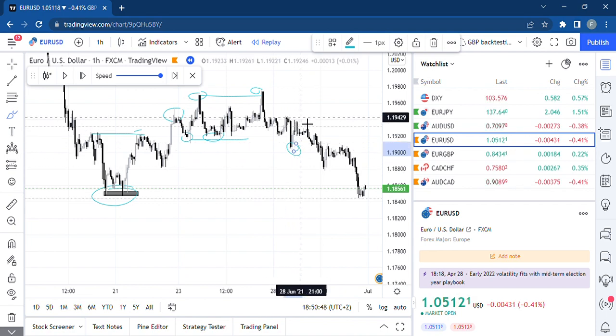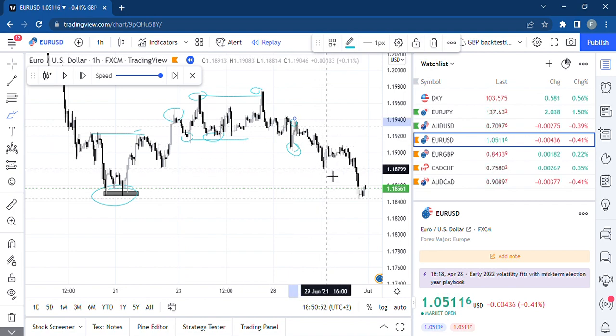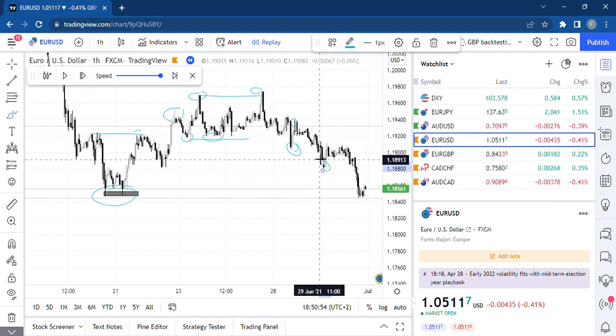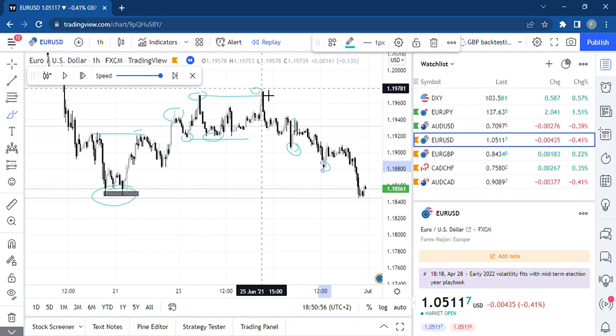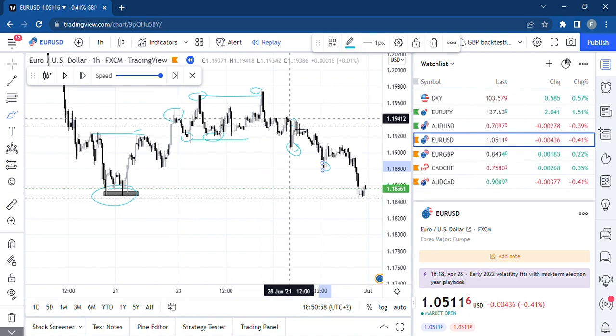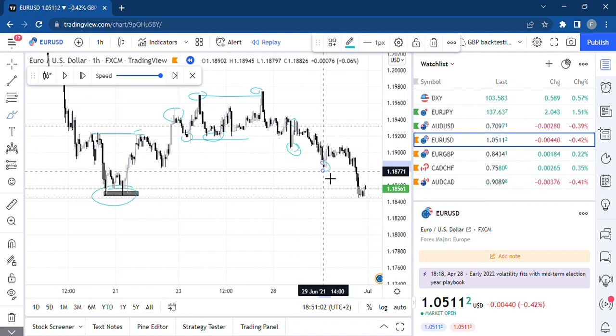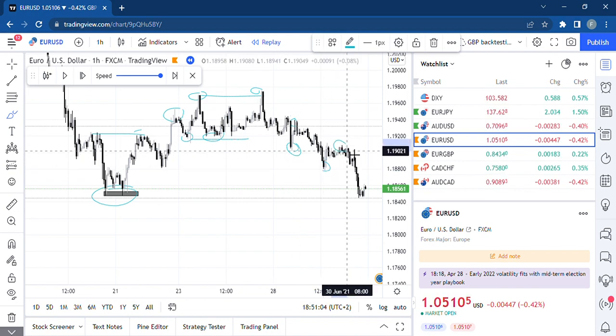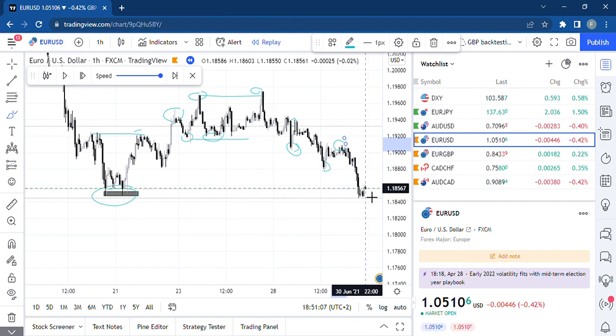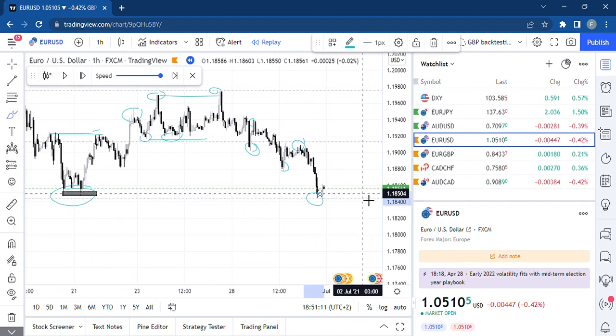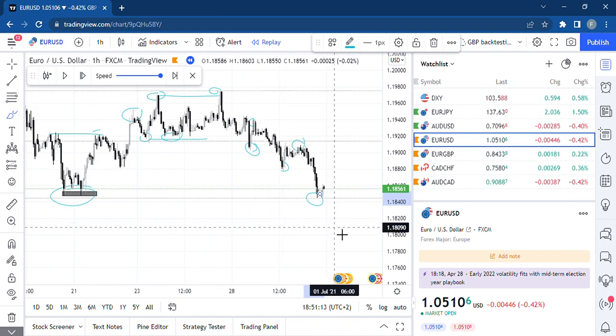Okay, price creates a new high over here, and then it creates a new low. We have a high and a lower high. We have a low and a lower low. We have a high and a lower low, right? Meaning that we are in a downtrend.